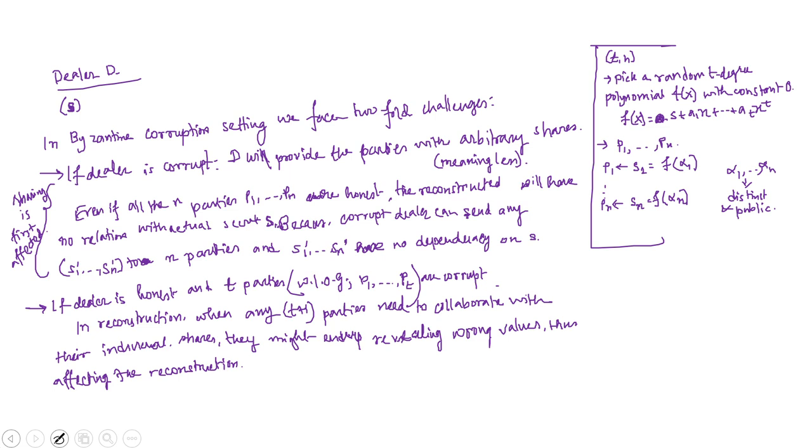But if they are participating with arbitrary values of shares, then of course reconstruction will not be successful. They can produce some output, but that will not be equal to the original secret. Right? So here the problem starts in the reconstruction phase, in the second part.